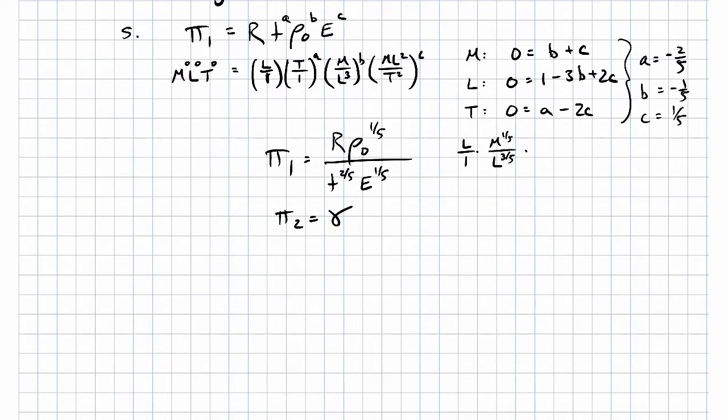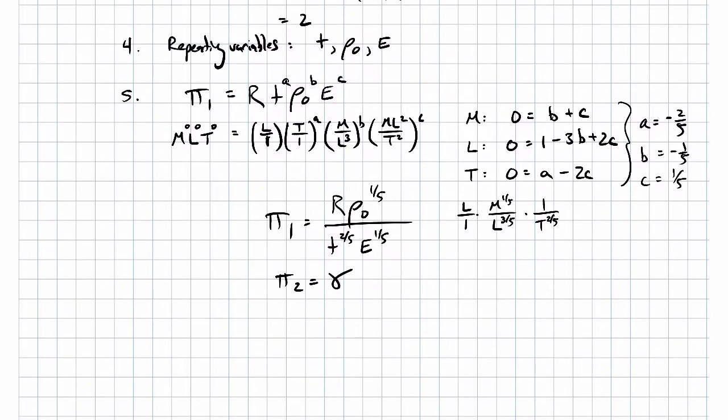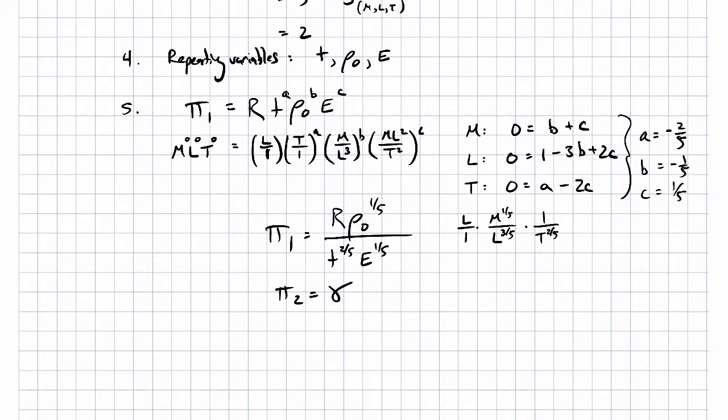And then we have divided by time to the 2/5, so that's 1 over T to the 2/5. And then we have the energy to the 1/5, which will be T to the 2/5 divided by M to the 1/5 divided by L to the 2/5. Okay, so what I'm doing is I'm just putting the units associated with each one here. So here's my length, my R, my density, my time, and my energy.